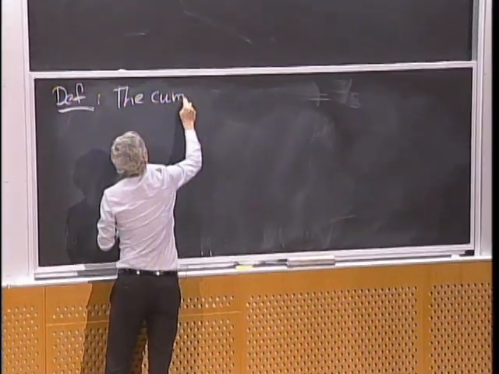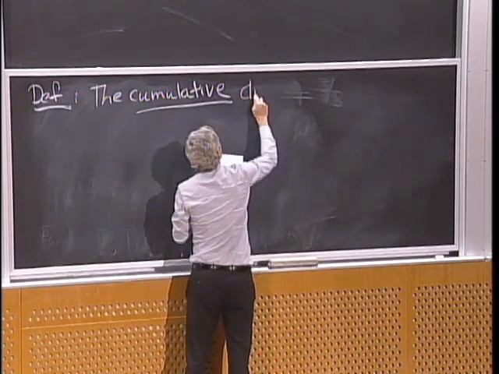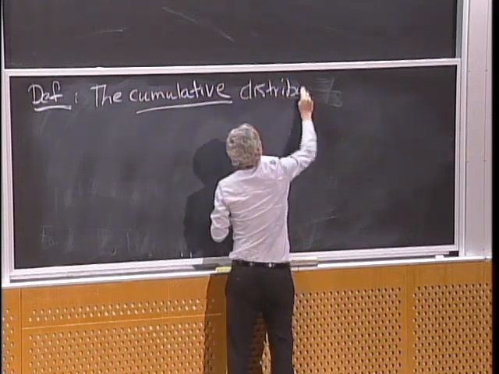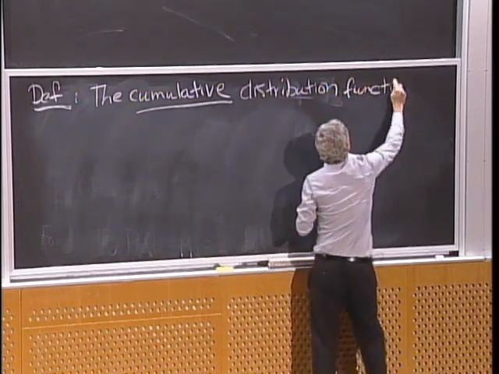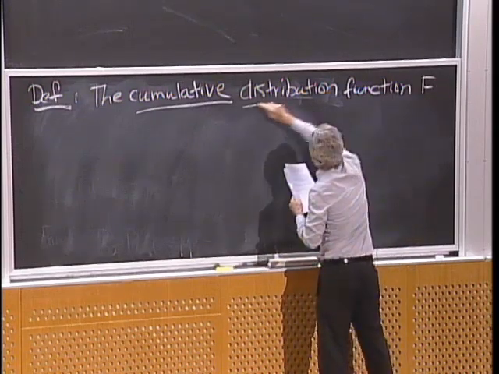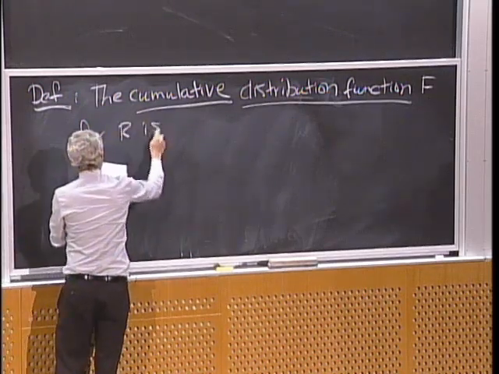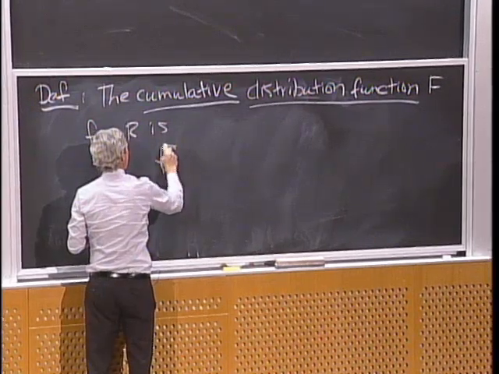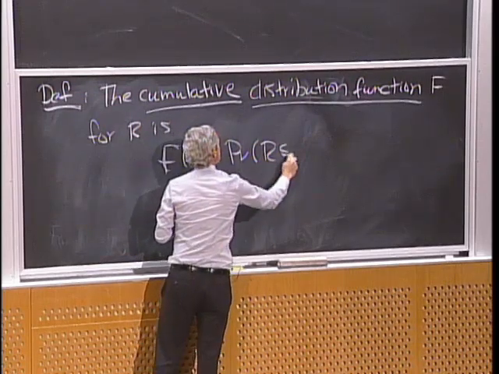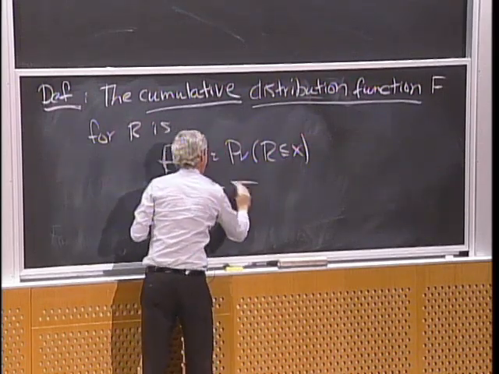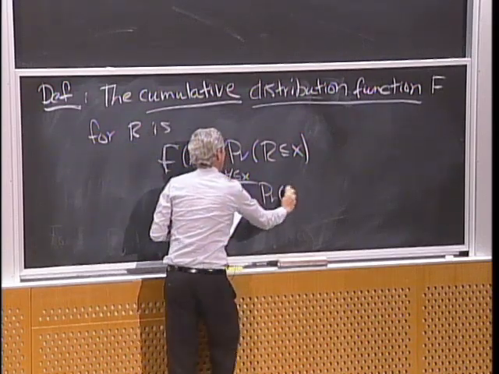The cumulative distribution function F for a random variable R is simply F of x is the probability that R is at most x, which is just the sum over all y less than or equal to x, the probability R equals y.